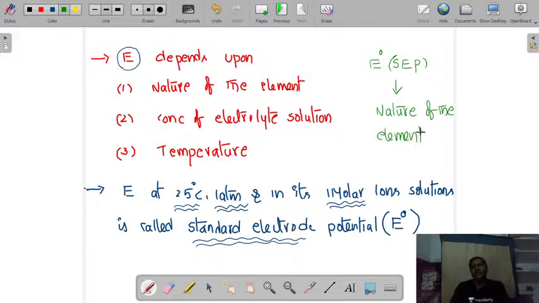It is independent of concentration of the electrolyte and temperature. Okay, electrode potential depends upon three factors, but E naught value only depends upon one factor, that is the nature of the element.